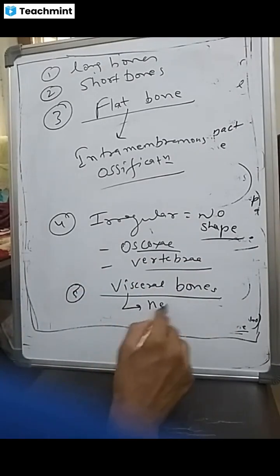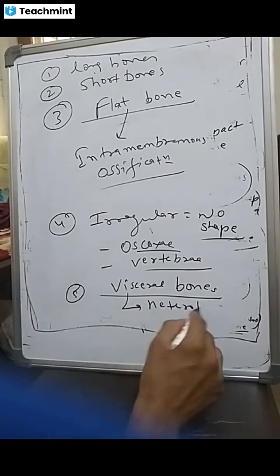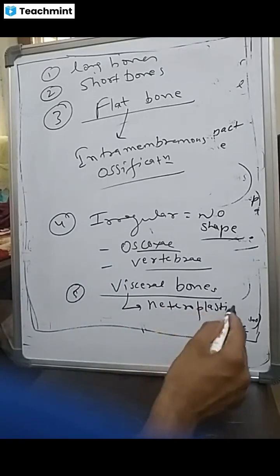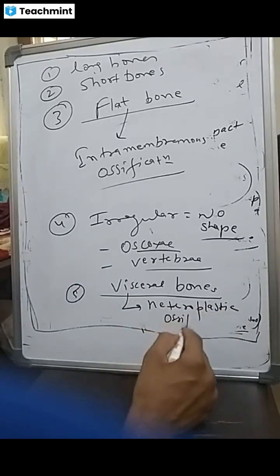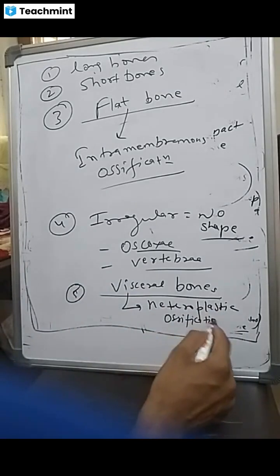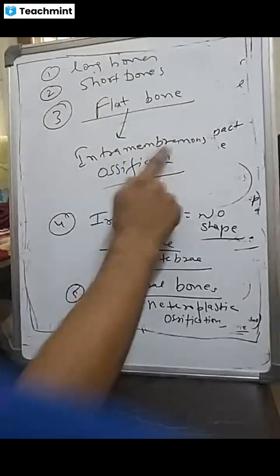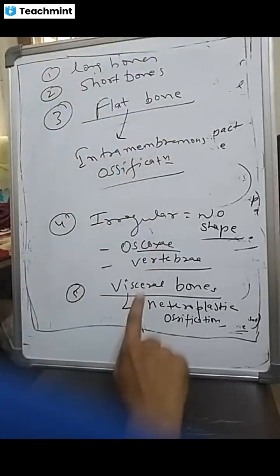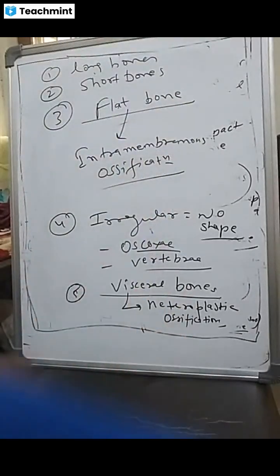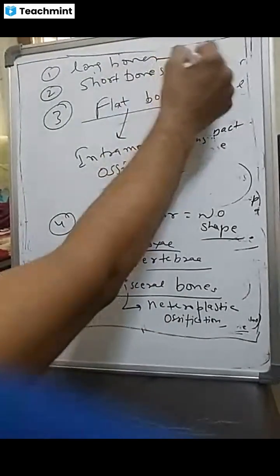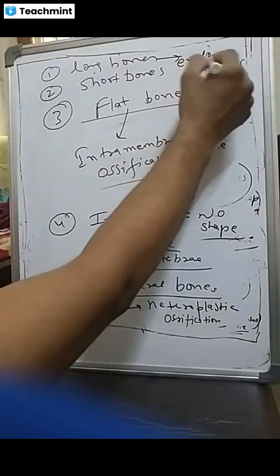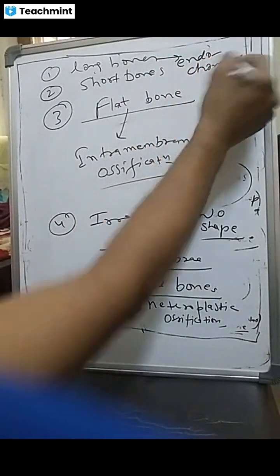They are formed by which ossification? That method is called heteroplastic ossification. So flat bones are formed by intramembranous ossification, visceral bones by heteroplastic, and long bones by endochondral ossification.